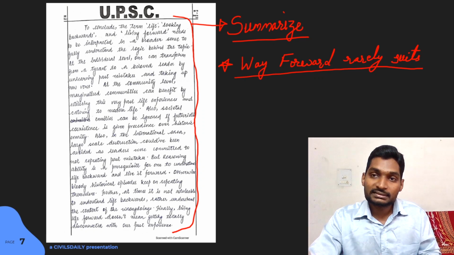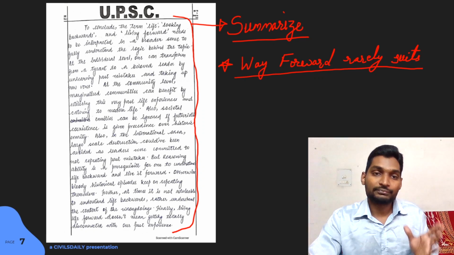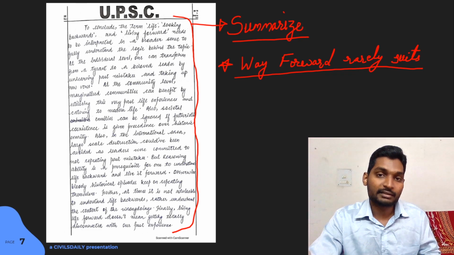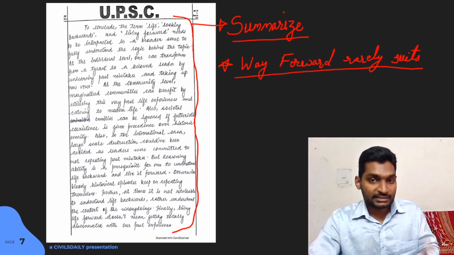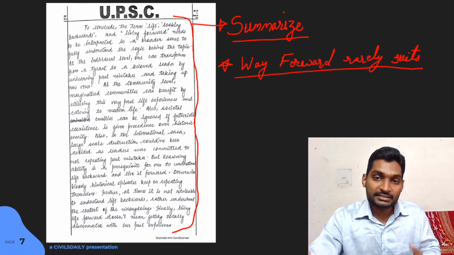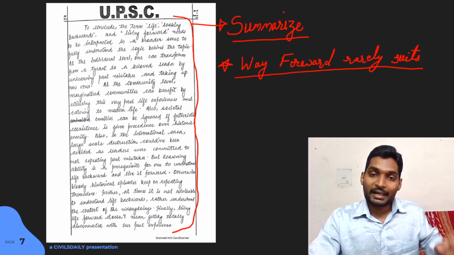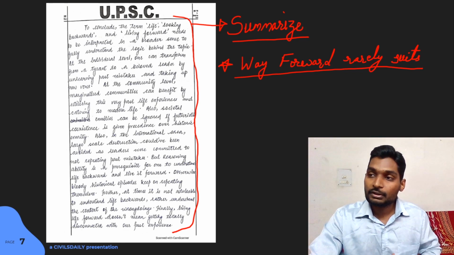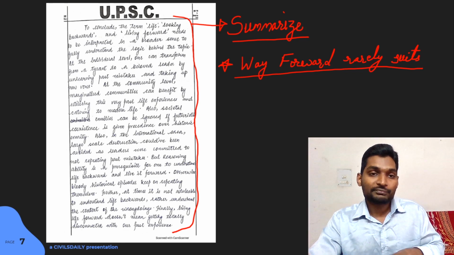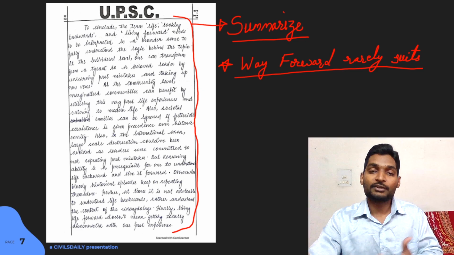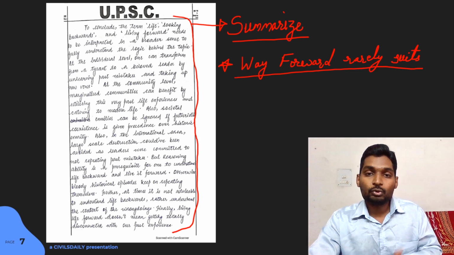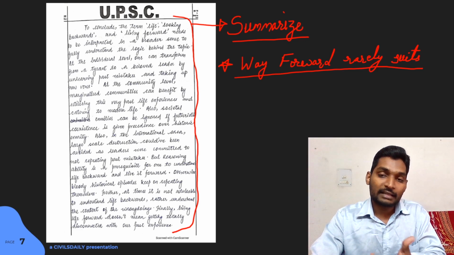Now, dear students, keeping in mind the kind of topics we are confronted with, there was a topic last year, wisdom finds truth. This particular topic, life being understood backward, living it forward. So what kind of solutions or way forward do you expect can be given?